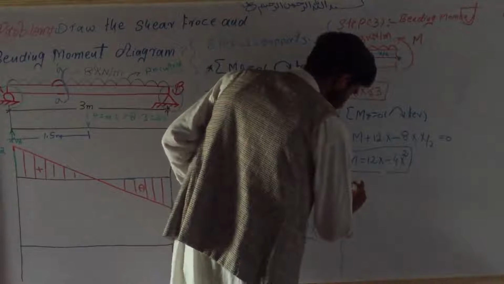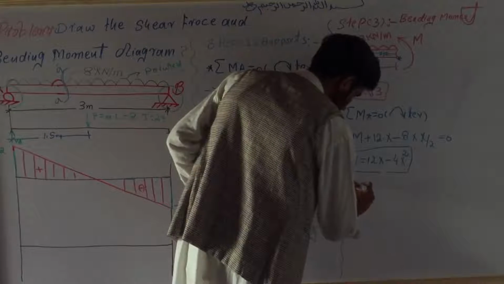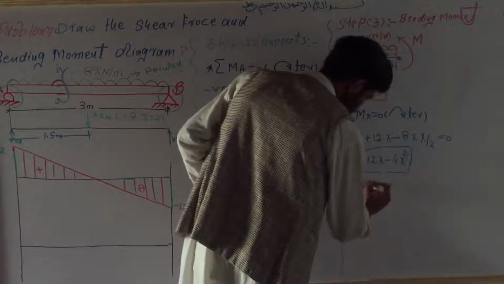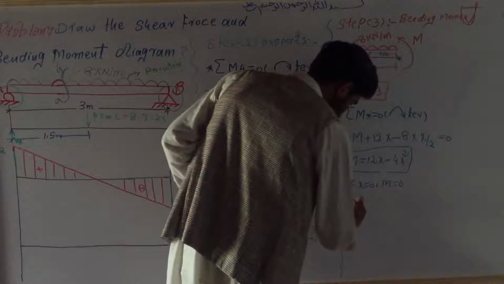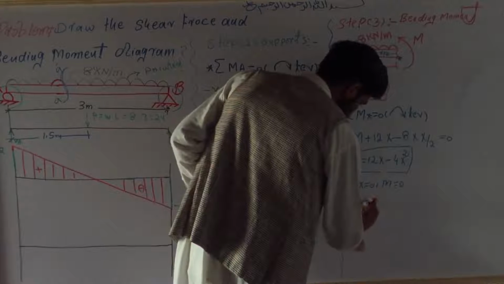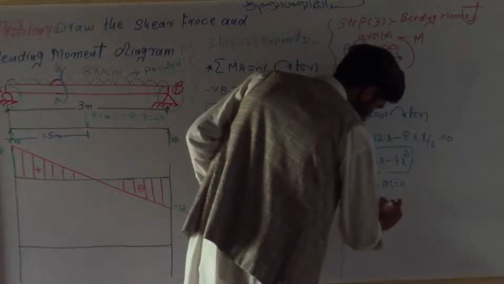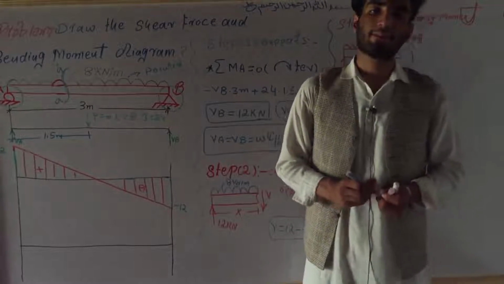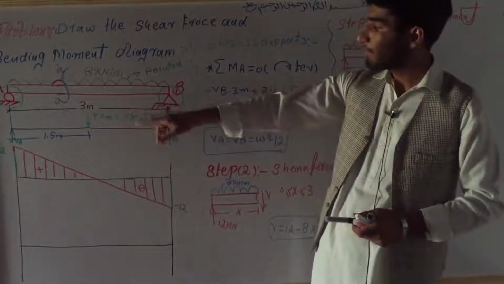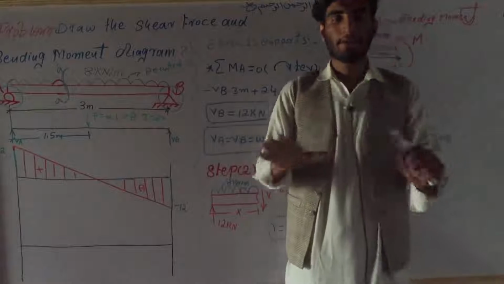If x equals 0, our M is also equal to 0. If x equals 3, our M is also 0, because this is a simply supported beam, and the roller support and pin support can't bear moment.